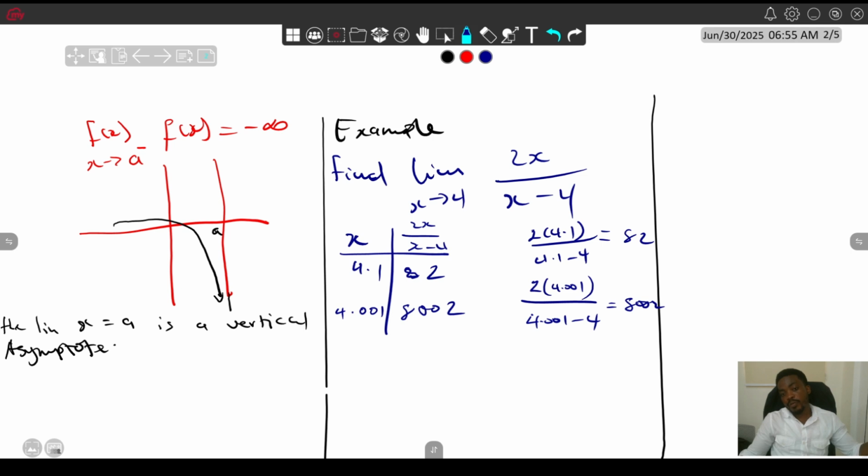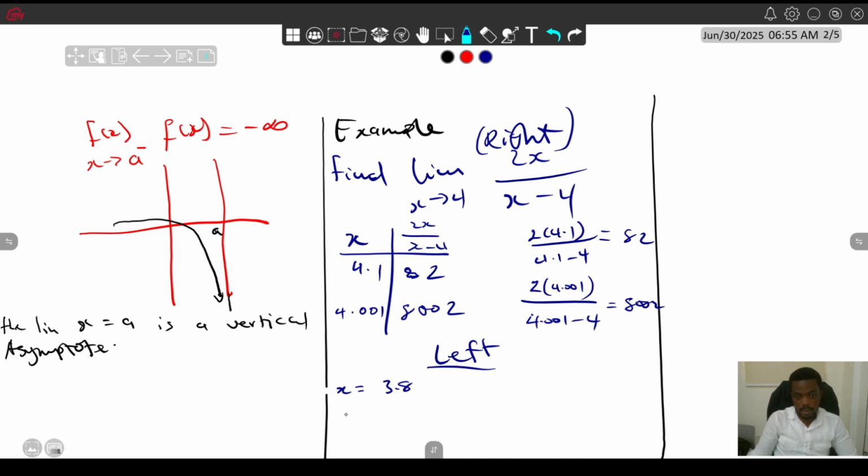Let's look at what happens if we are coming from the left. Let's choose x equals 3.8, and then x equals 3.9, in 2x over x minus 4.